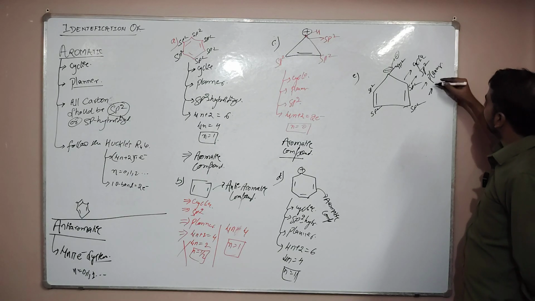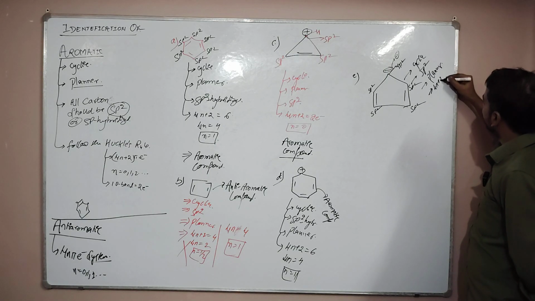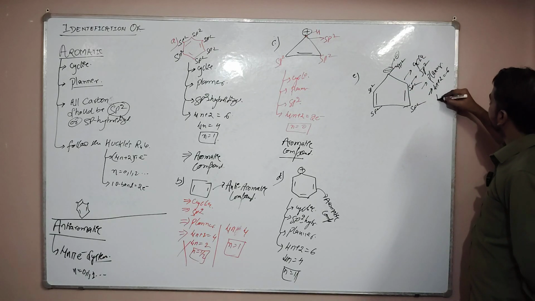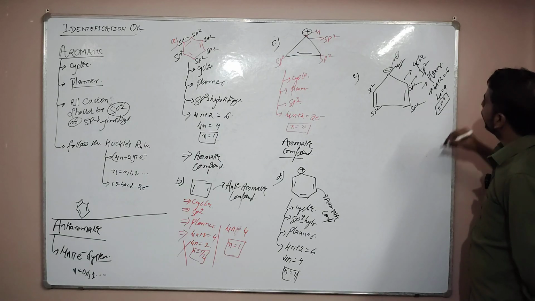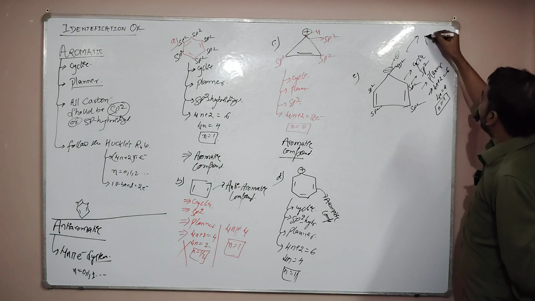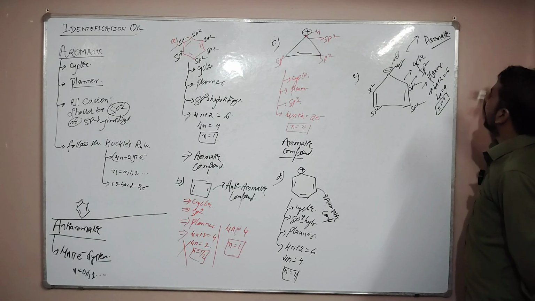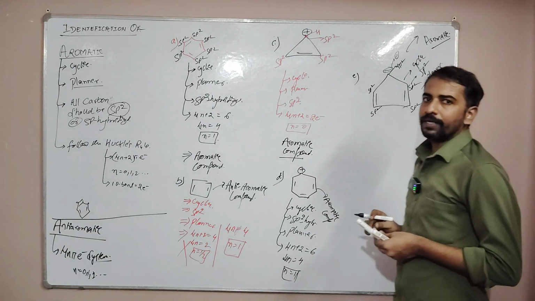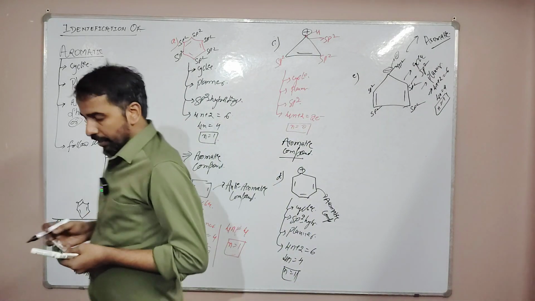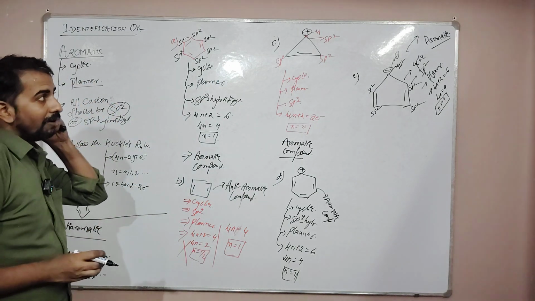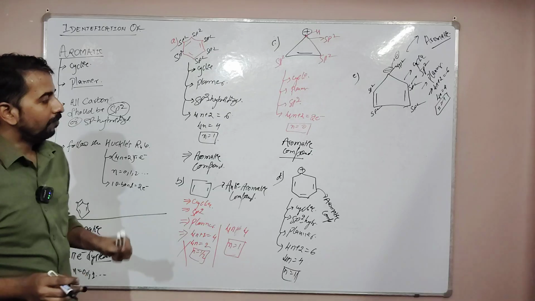And last, if planar, 4n plus 2 is equal to how much? 1, 2, 3. 3 means 6 pi electrons, 4n is equal to 4, n is equal to how much? 1. So this compound is also an aromatic compound. Now see, these are some examples of aromatic and anti-aromatic compounds.